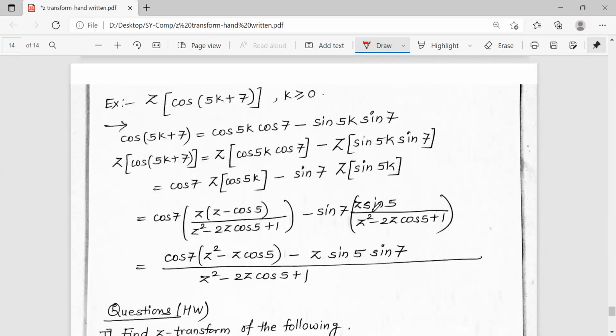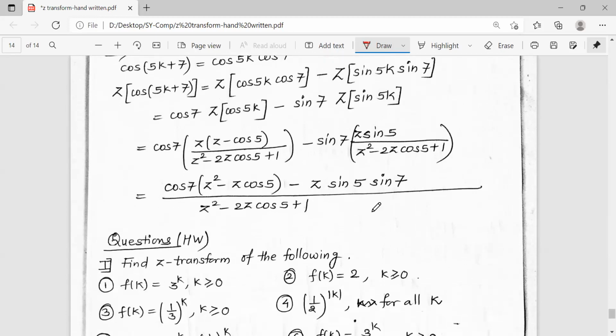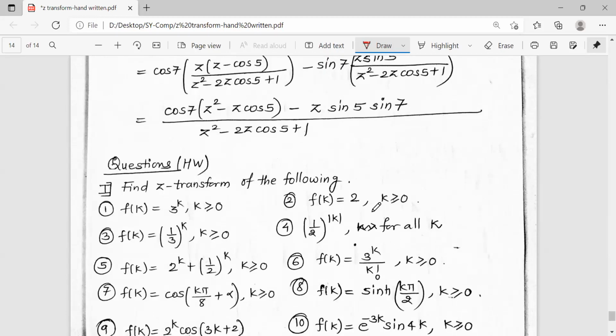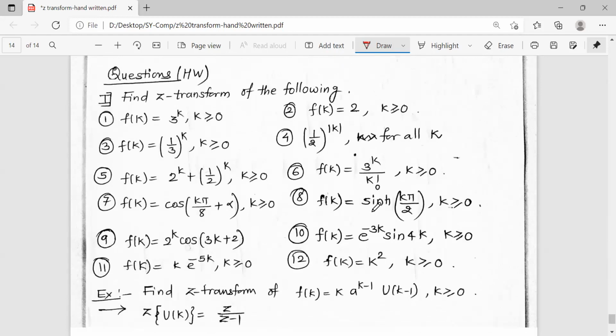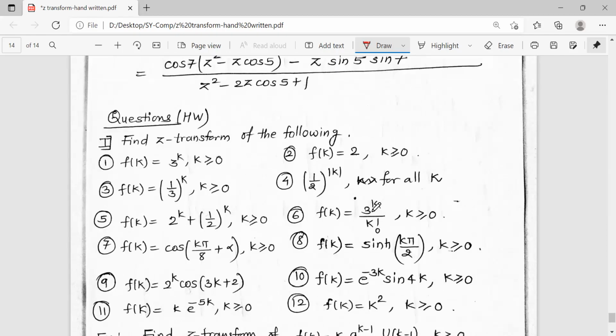Similarly, this is another example, cos of 5k plus 7, which is solved with the help of this. And lastly, the examples given as exercises, where you can try the expressions with the help of the standard properties. Okay, I'll connect my pad and let me see how we can go ahead with this.